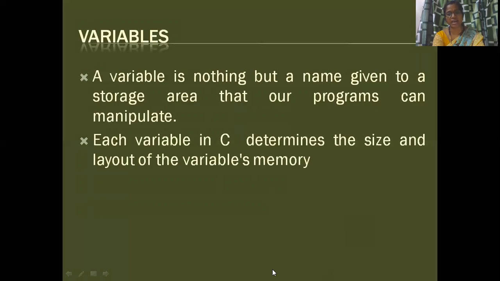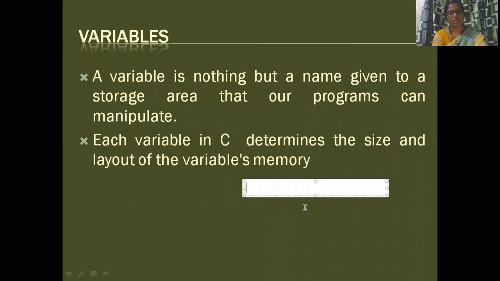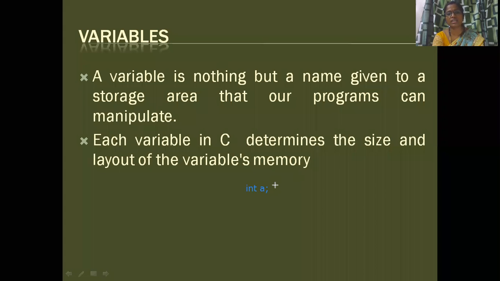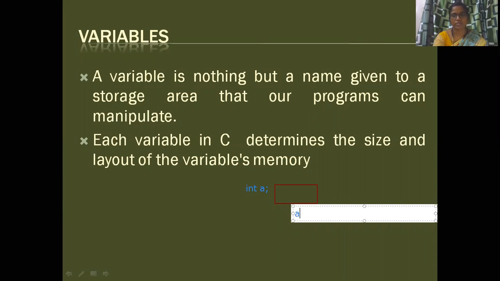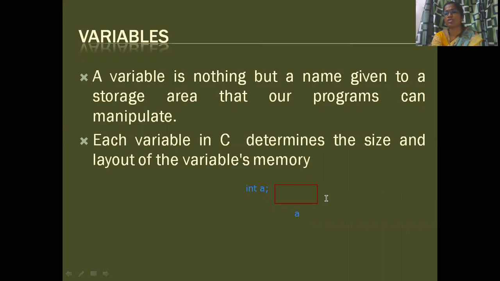Simply, I can give an example. Suppose I write integer A. This indicates it holds a value A. The memory allocates space for A. So here I can store only integer values.